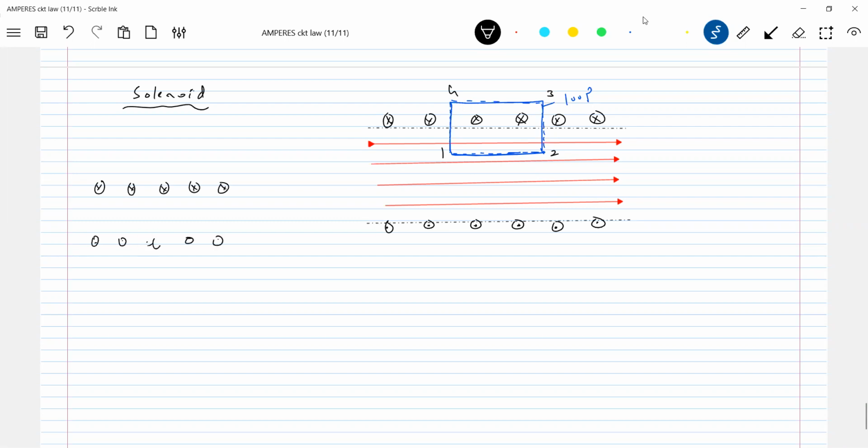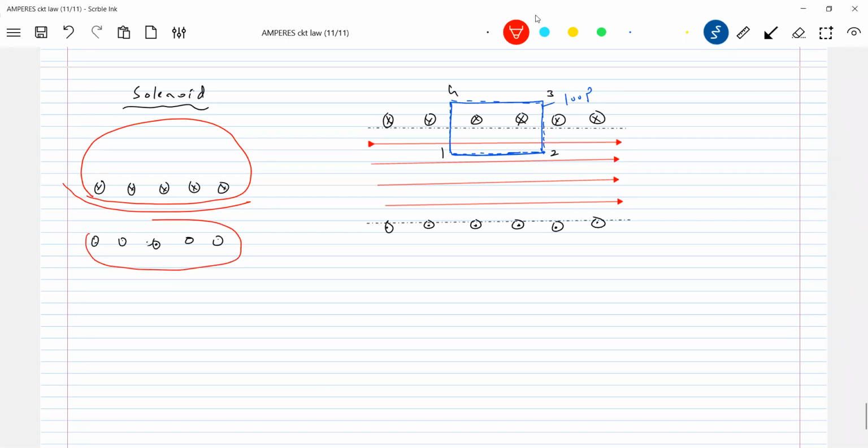I'm going to claim that the field will be 0, but lines of force will be there, but the field will be 0. So it will go to... I'm showing a few lines of force. This should actually be the field inside the solenoid.